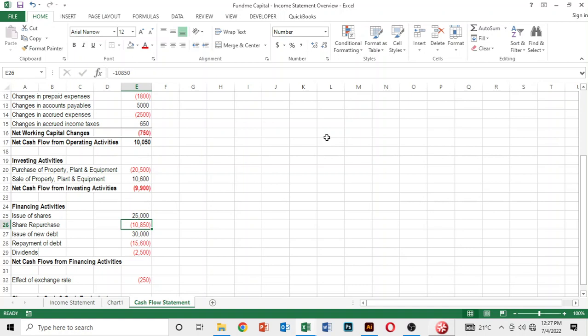But at the same time, at some point the company bought back its shares, and we can see that the company used cash to do that. The company also raised capital in the form of debt, which is obviously a positive, and at some point repaid its debt, which is a cash outflow, and the company also paid out dividends. So let's just compute that.